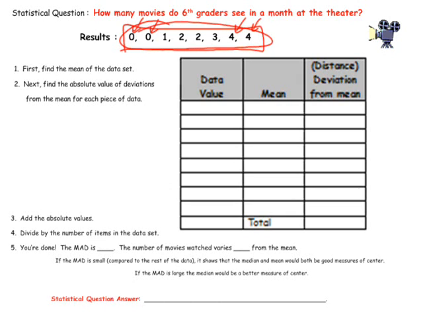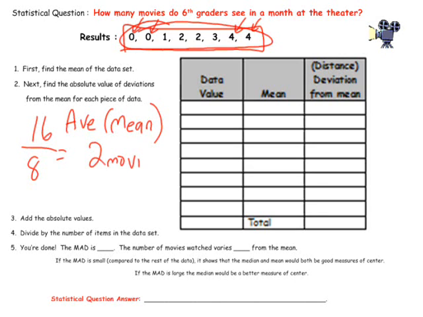If you add up all the numbers, you end up with 16. There were 8 students surveyed, 8 pieces of data. That means our mean is 2 movies. So the average student sees 2 movies a month at the theater.